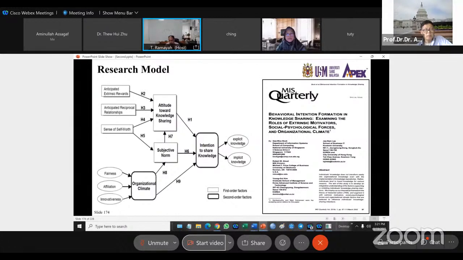At that time, Bock was at NUS. These are all Korean names, but Bock was working at NUS, and if you want to know why they managed to get into this journal, it was because of this guy, Robert Zmud, who is like a god in information systems and information technology. If you connect with him, you should be able to publish in some of the top journals in the world.